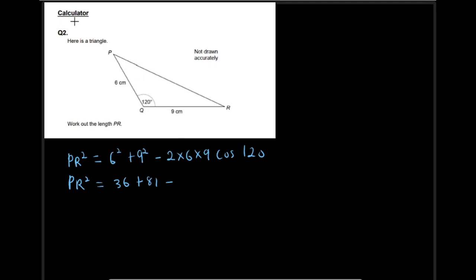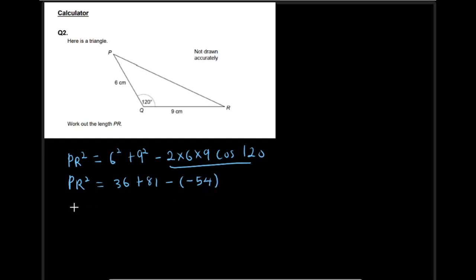Now this particular question is a calculator question, so we can make use of our calculator. So we have 2 times 6 times 9 times cos 120, and the whole of this is equal to minus 54.